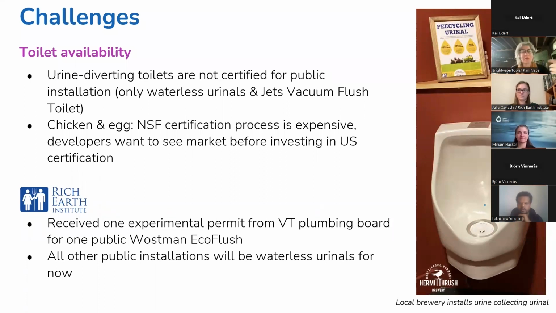It's just a really challenging situation. But our plumbing board in Vermont has allowed us one public installation of a separating toilet, the Bostman EcoFlush. Until we can get those more certified for public installations, we will only be able to use waterless urinals to collect urine.